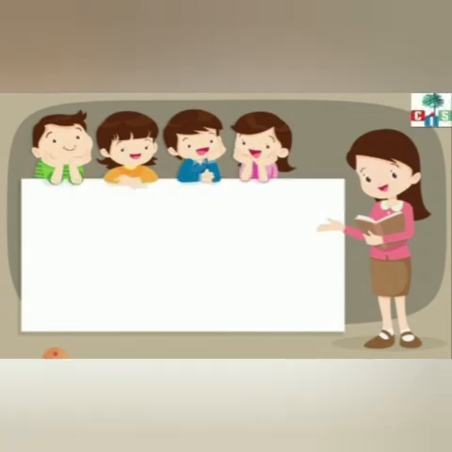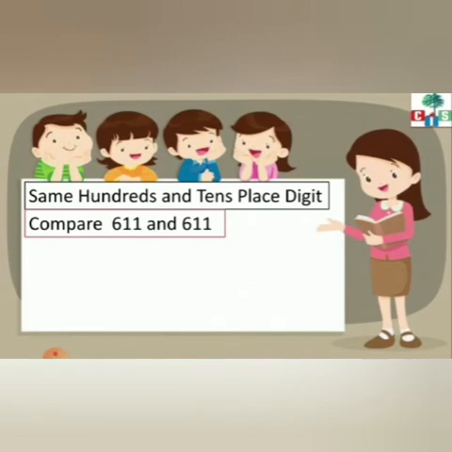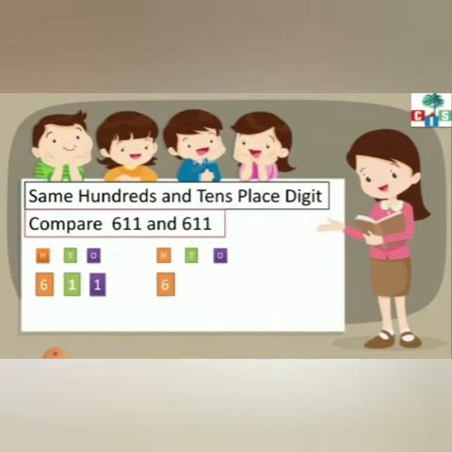Now let's see this. Compare 611 and 611. So let's start. I'll write the place values: 600, 1 tens and 1 ones. So I've written. Now the next: hundreds, tens and ones, so 6 under hundreds, 1 under tens and 1 under ones. So let's compare. First we will look at the hundreds place. Here it is 6.